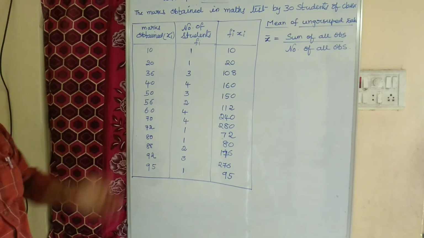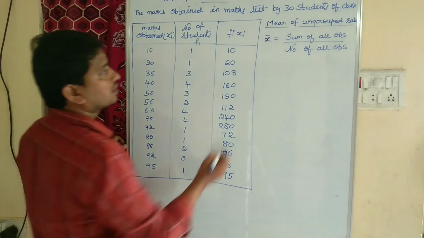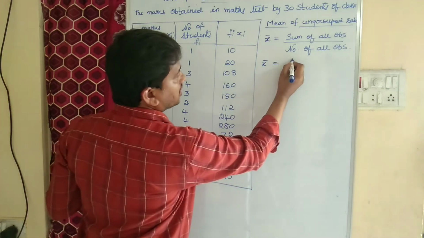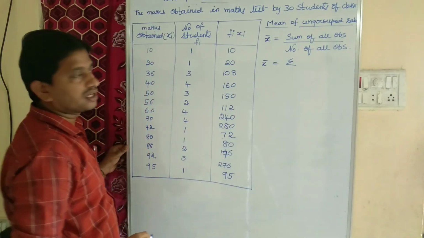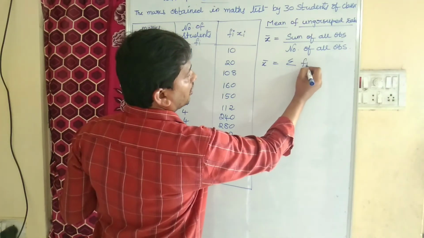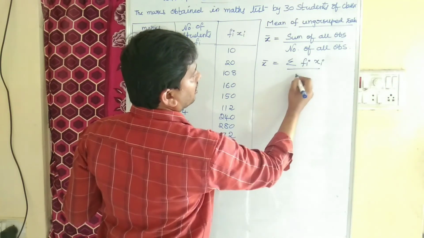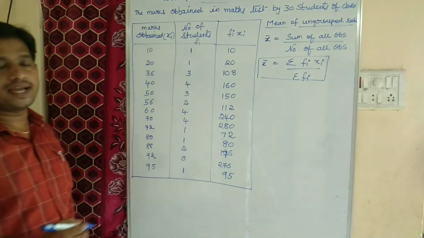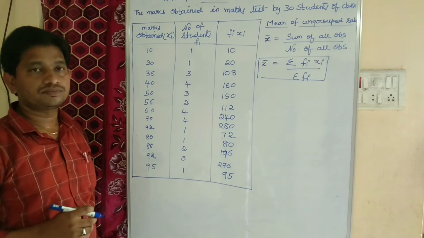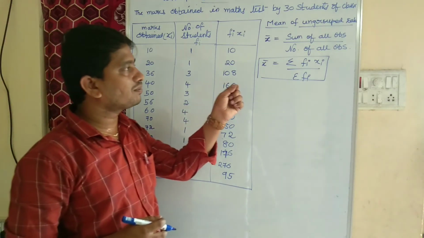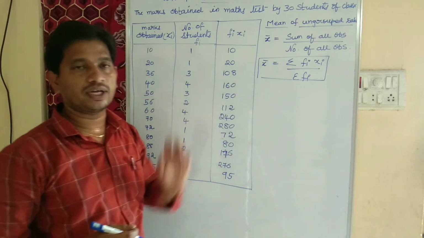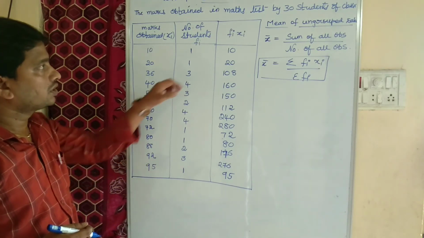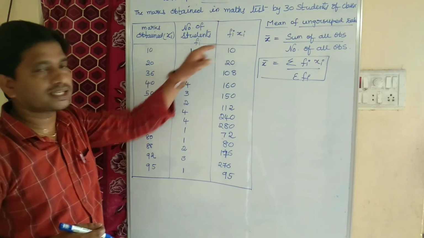Okay, sum of all observations. Sum means we have to find, this is the symbol for summation, sigma fi xi by sigma fi. This is the formula to find the mean of ungrouped data, that is x bar equals sigma fi xi by sigma fi. So did you understand, children, why we found fi xi?